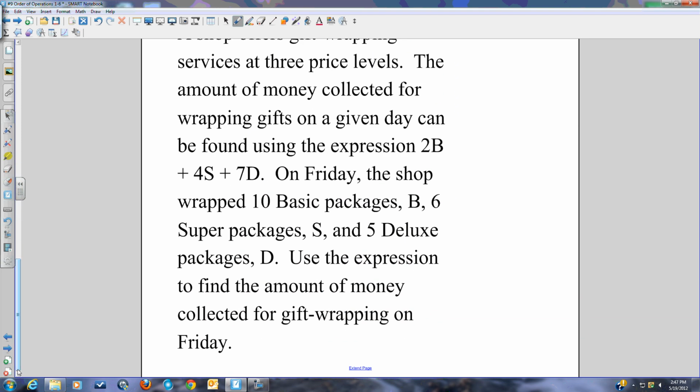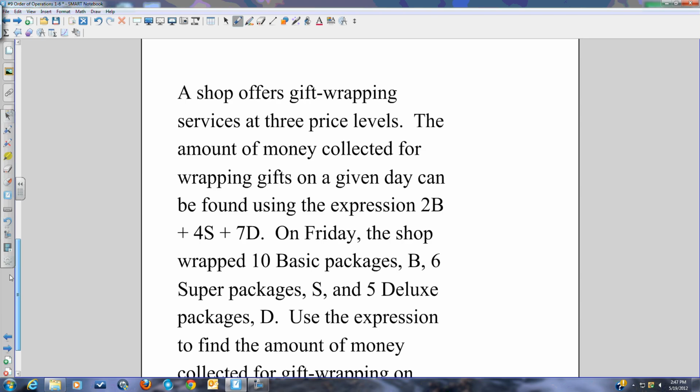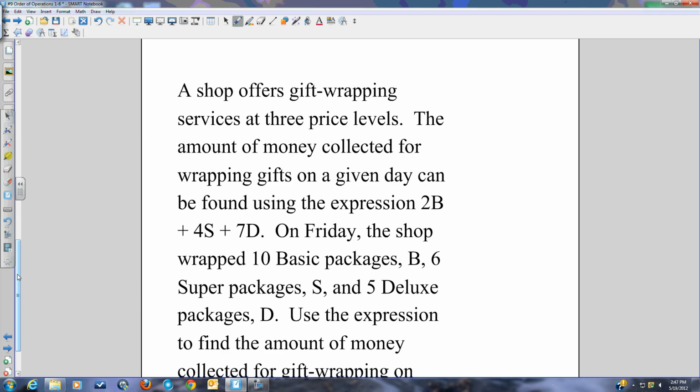All right? Now this next problem. A shop offers gift wrapping services at 3 price levels. The amount of money collected for wrapping gifts on a given day can be found using the expression 2b plus 4s plus 7d.